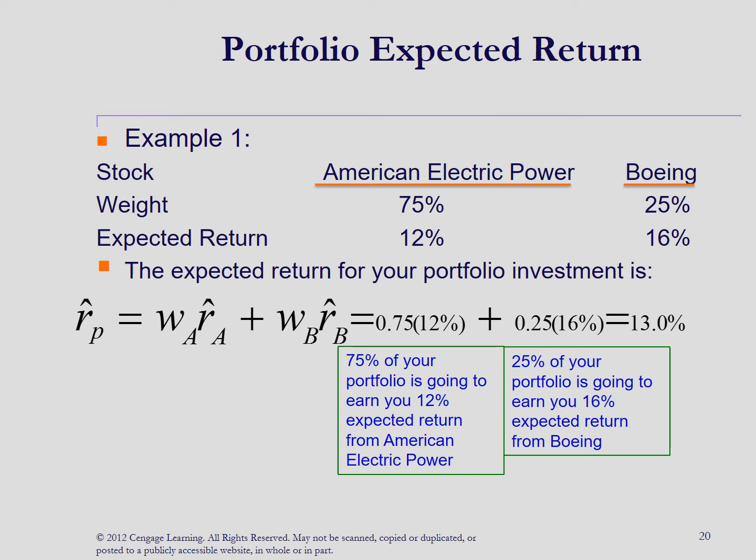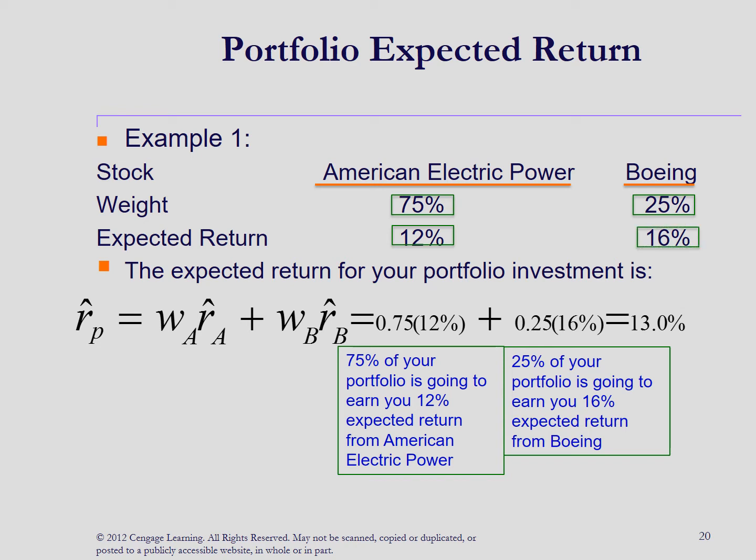For this portfolio, 75% of funds is invested in American Electric Power, and the remaining 25% of funds is invested in Boeing. American Electric Power has an expected return of 12%, and Boeing has an expected return of 16%.